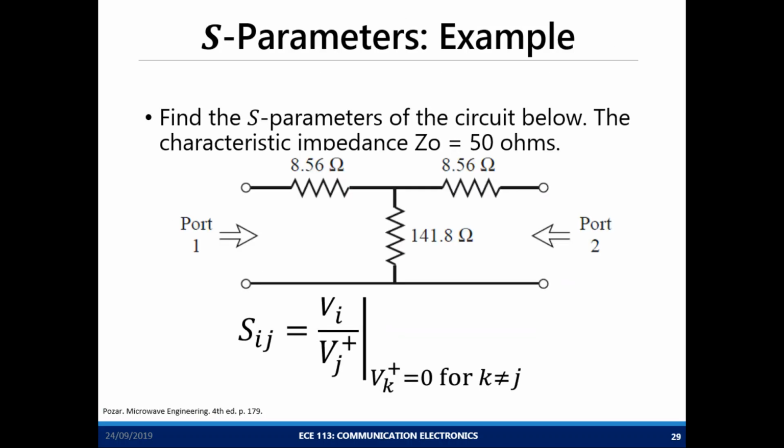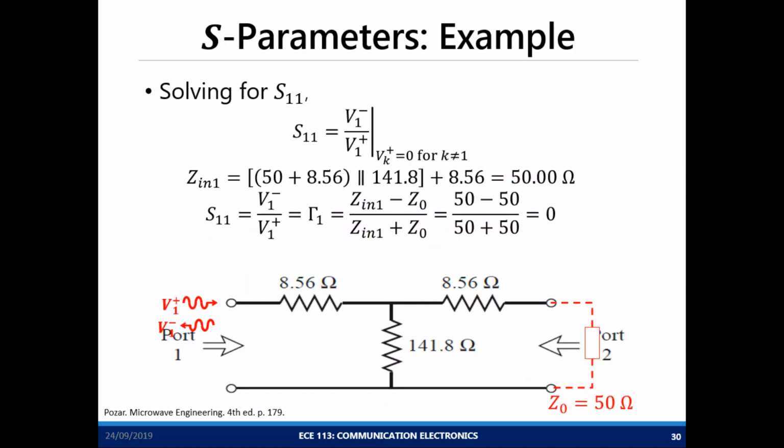So find the S parameters of the circuit below, and let's say the characteristic impedance is 50 ohms. Okay? If it's 50 ohms, then to solve for S11, we need to match this port 2 by 50 ohms. That would mean that there will be no reflection going back from this port.